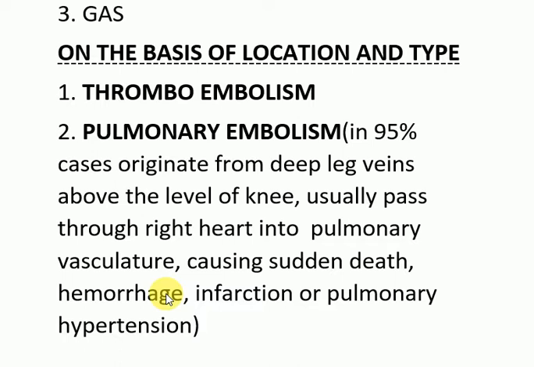The clot then passes to the right heart into the pulmonary vasculature through the inferior vena cava, and when it finally blocks the pulmonary vasculature, it causes sudden death, hemorrhage, infarction, or pulmonary hypertension. So it is an extremely fatal form of pulmonary embolism.